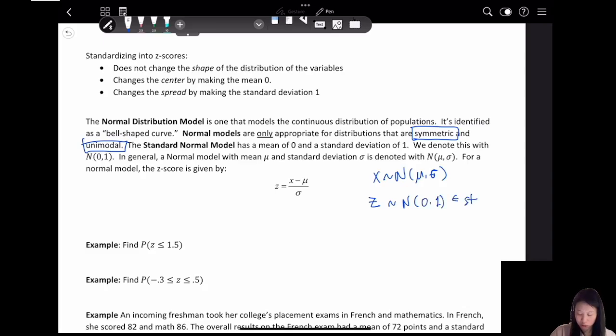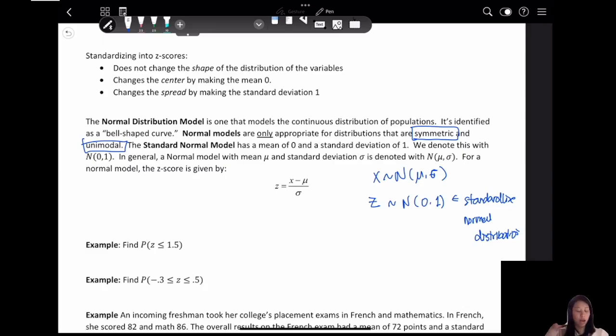So this one is the standardized normal distribution. The top one is just a regular normal distribution.